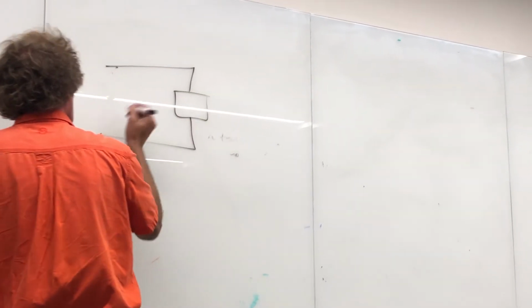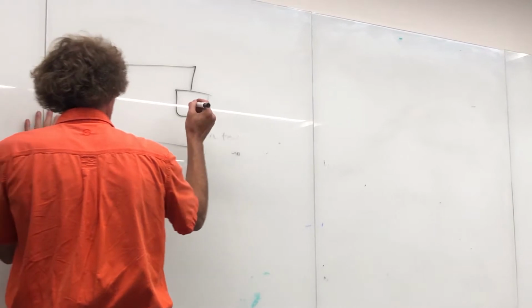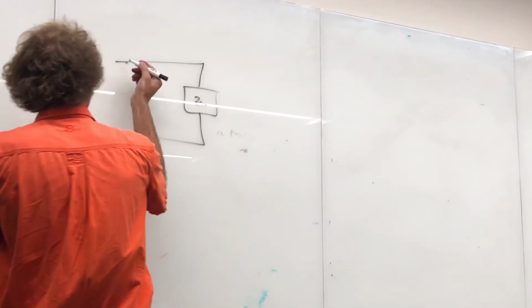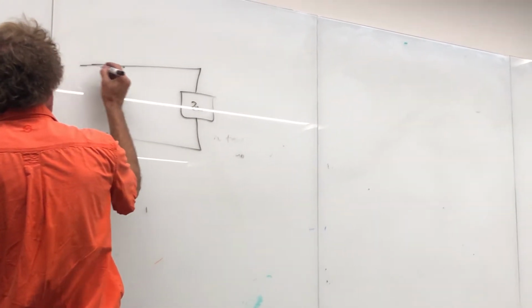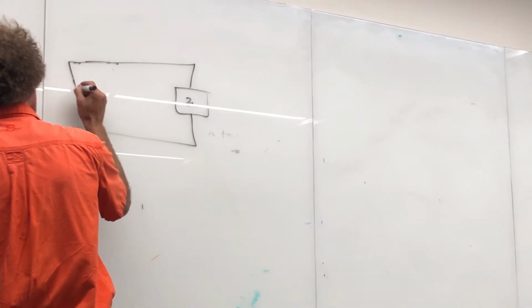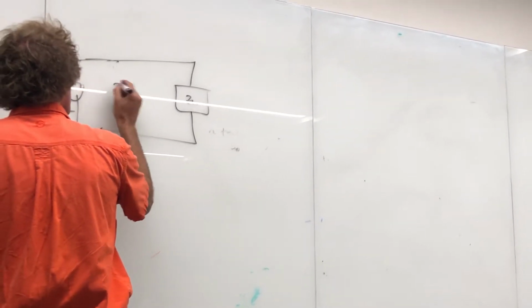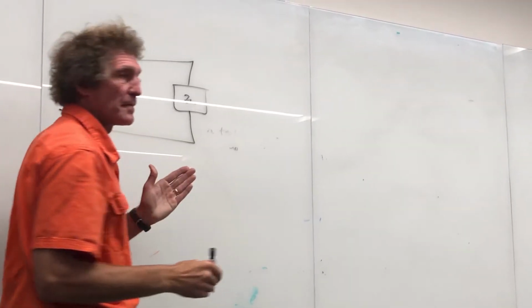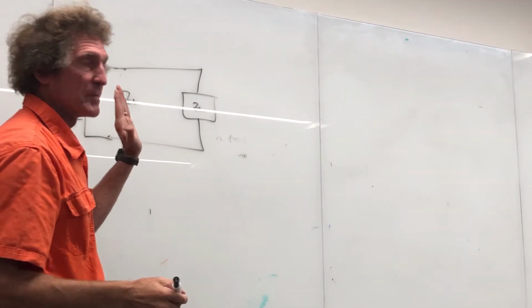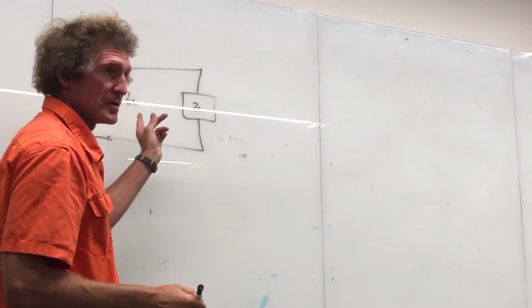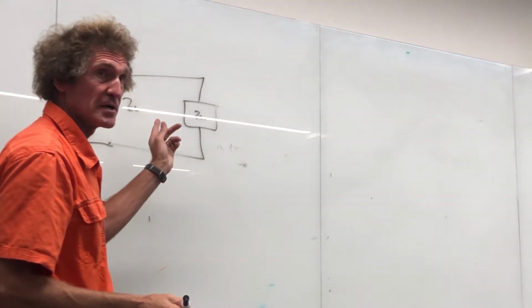We'll do one where we put it in parallel first. So I've got a system like this, and this is Z naught, and I'm going to say there's an impedance mismatch. ZL is not equal to Z naught, so I want to put a stub in shunt here, right?